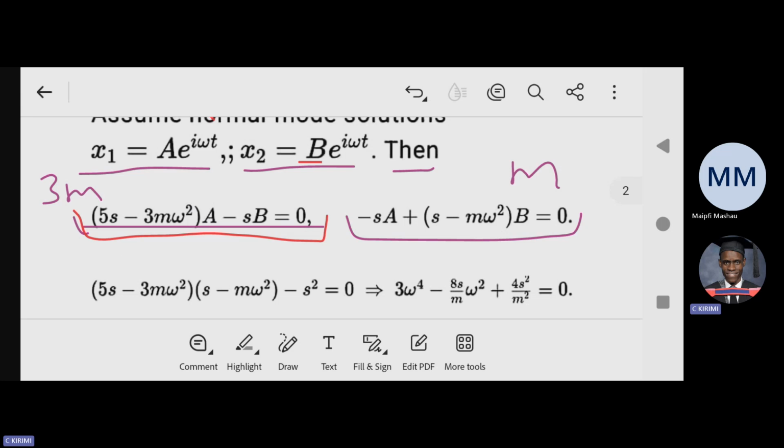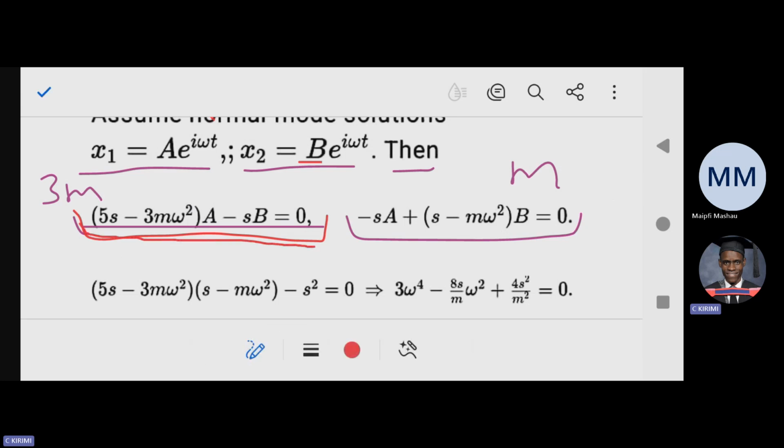Let's suppose this is equal to 0, and also this one is equal to 0. Now you want to find the quadratic equation that you want to solve for omega.